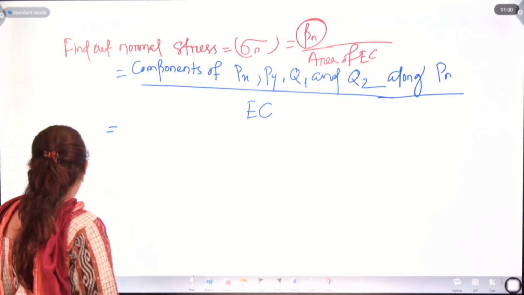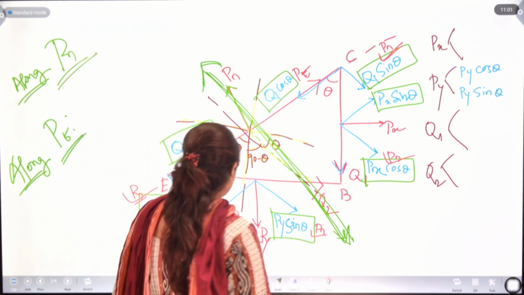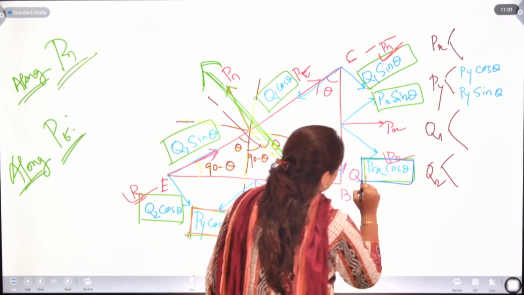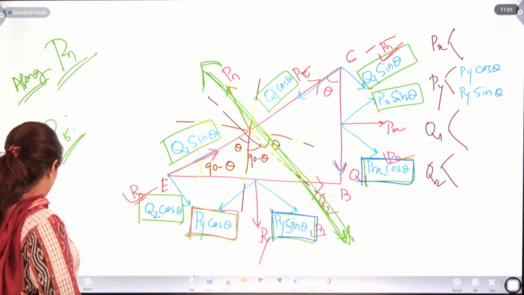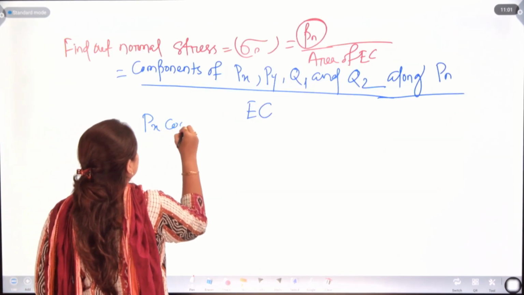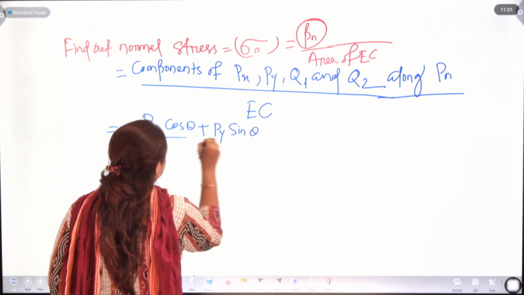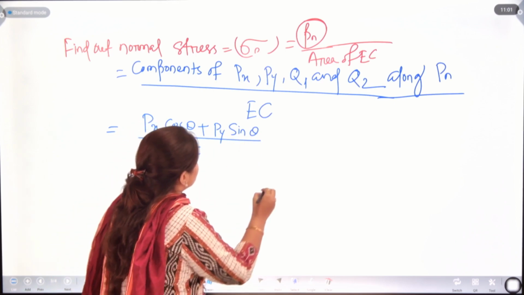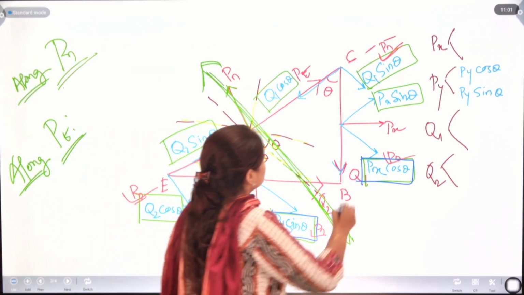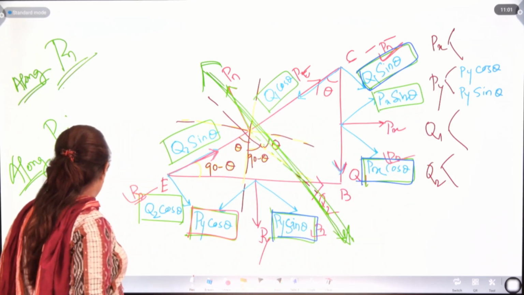Next, we have the components. Let's put the components here: this one and this one. Px cos theta plus Py sin theta upon EC, plus for Q1 sin theta and here Q2 cos theta.